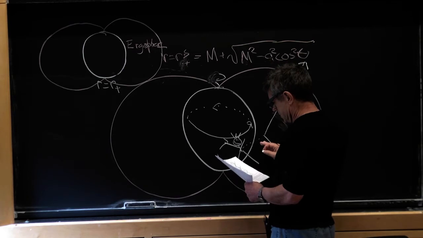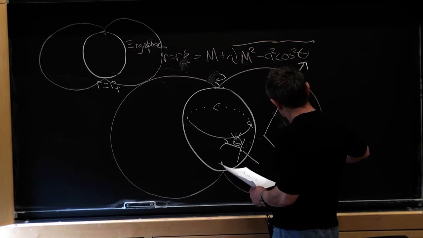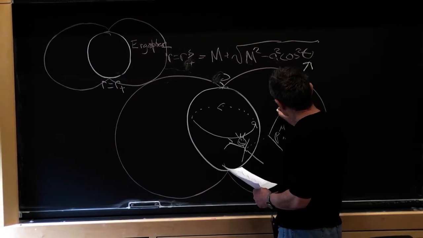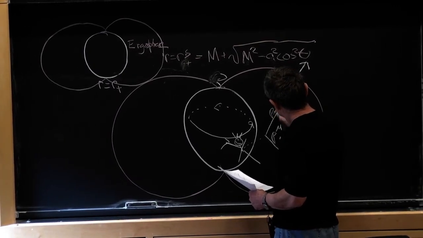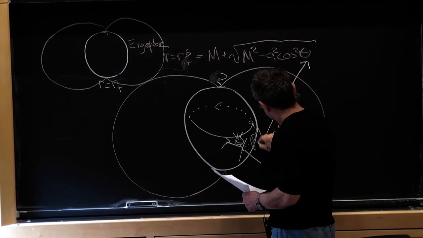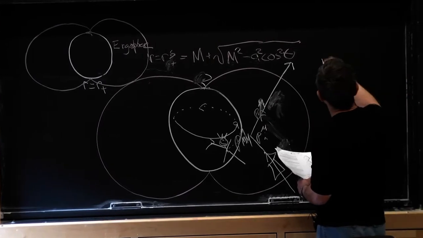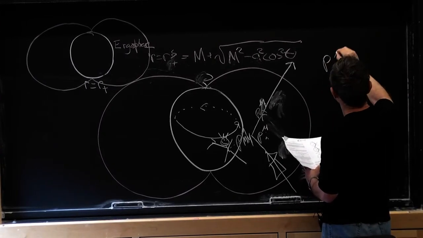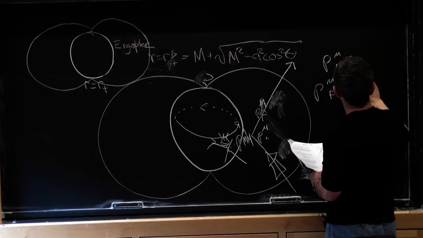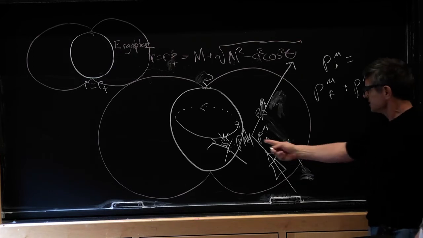Sorry, it's not flat Minkowski space, so we should think of, in some inertial frame, P mu initial, P mu final, and P mu Matthew McConaughey, and those obey P mu initial equals P mu final plus P mu Matthew McConaughey. That's just at this point here.